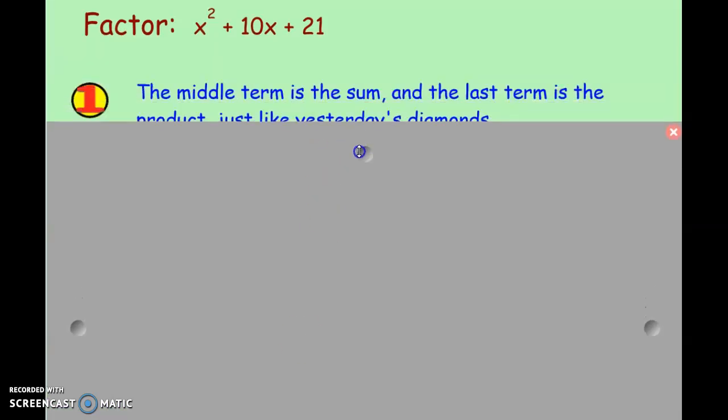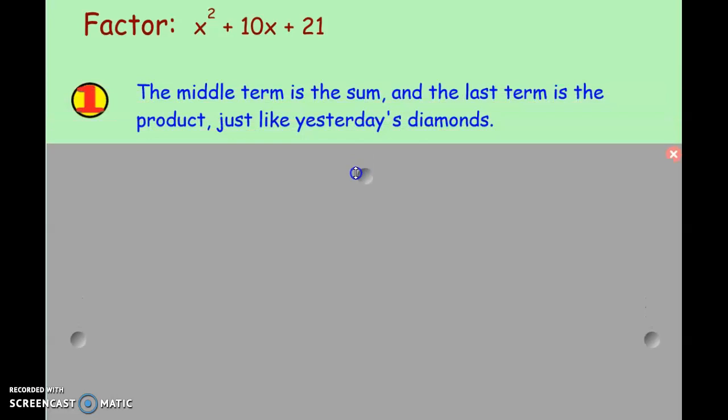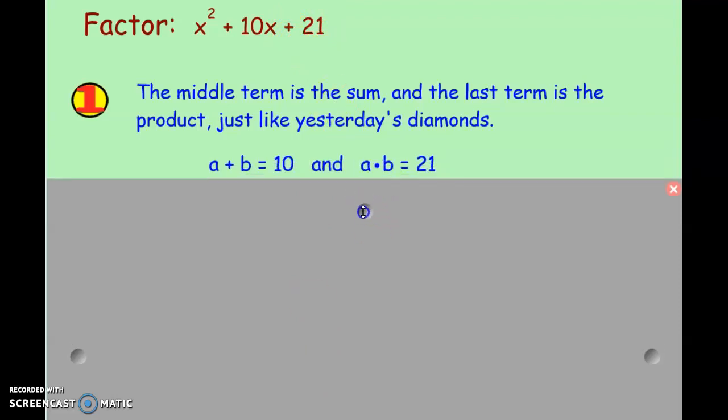We're going to think about the diamond problems from yesterday. And you'll notice that this middle term is the sum, and this end term, the constant, is the product, just like in the diamonds. So we think, what two numbers will add up to 10, and the same two numbers will multiply to 21?